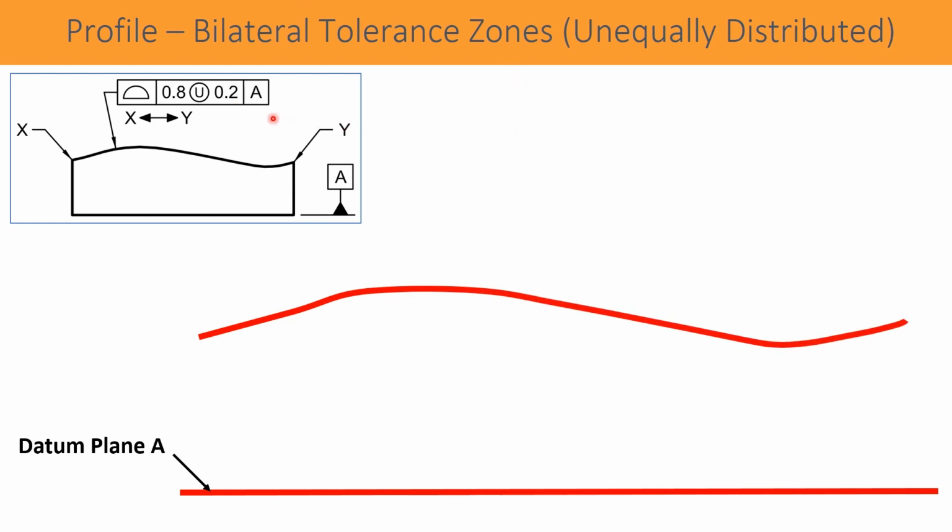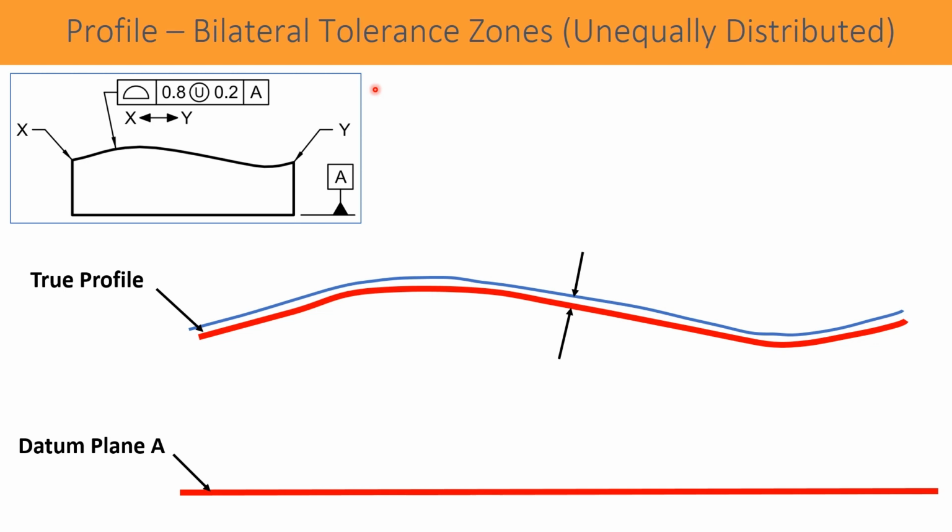In all the last cases we understood that after the unequally disposed symbol U, when there is a value and it is a positive 0.2, then the tolerance becomes 0.2 on the positive side, or above the material side. So it is a 0.2 tolerance zone. Then the total tolerance is 0.8.